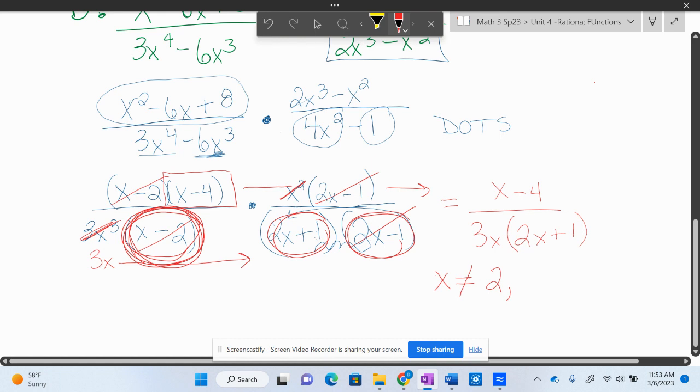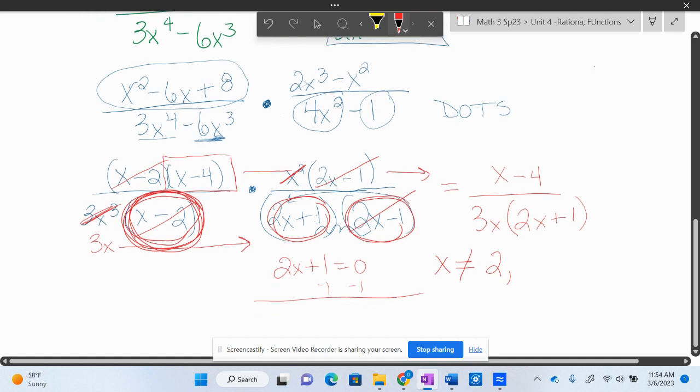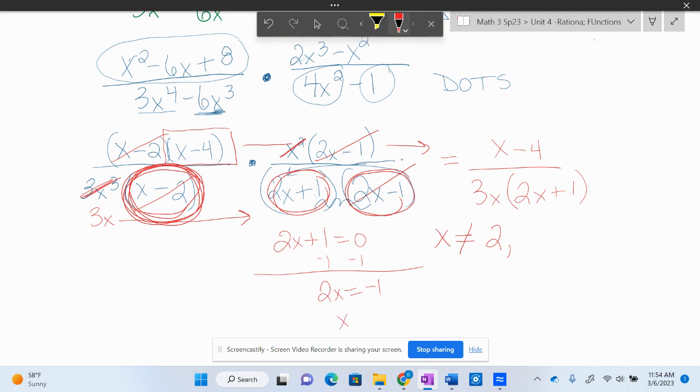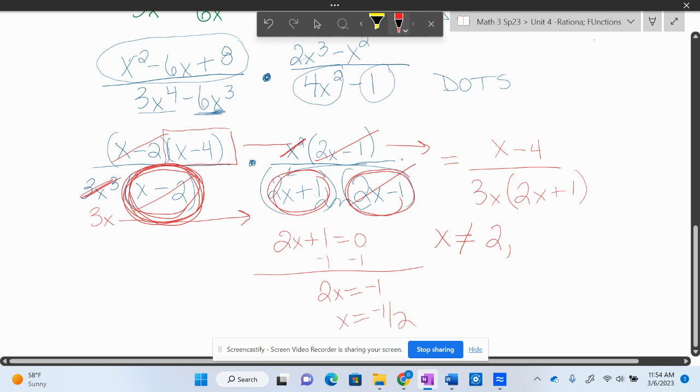When I solve that, 2x plus 1 equals 0. Subtract 1. It gives me 2x equals -1, or x equals -1/2. And because the other sign is the opposite, that would be a plus or a minus 1/2. What else can x not equal?